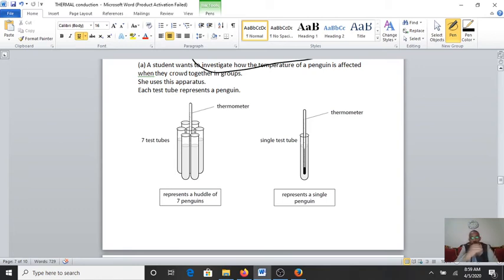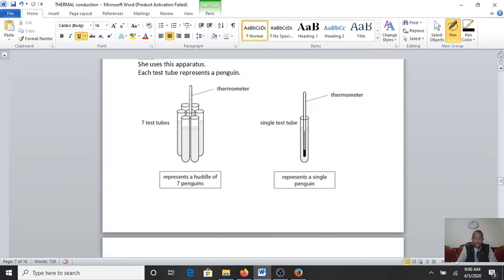Okay, so in this investigation, the student wants to see which of these 2 settings will the temperature drop faster. Of course, when there is a bigger drop in temperature, it means there's bigger heat loss to the surrounding by thermal conduction.